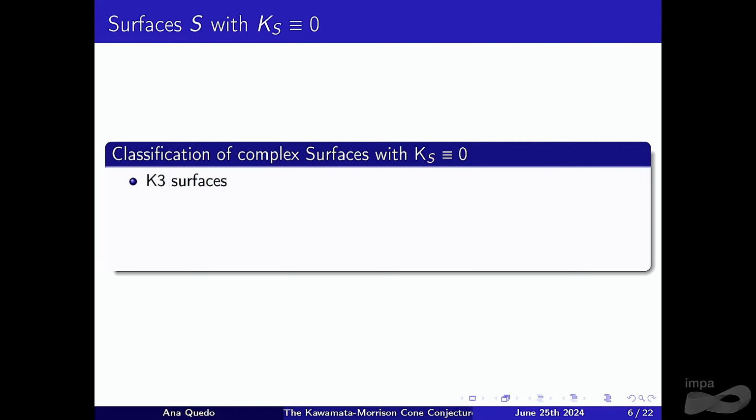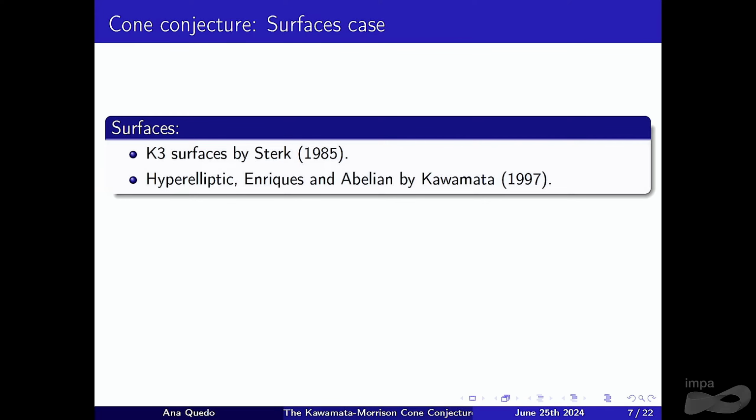And so I will recall to you the classification of complex surfaces with numerically trivial canonical divisor. So we have K3 surfaces, Abelian surfaces, Enriques surfaces, and hyperelliptic surfaces. For surfaces, the conjecture is completely solved.